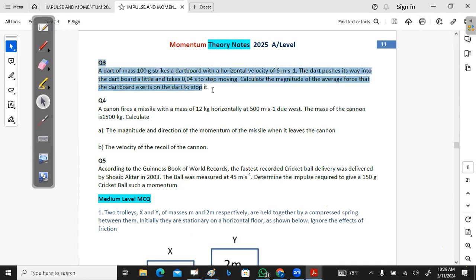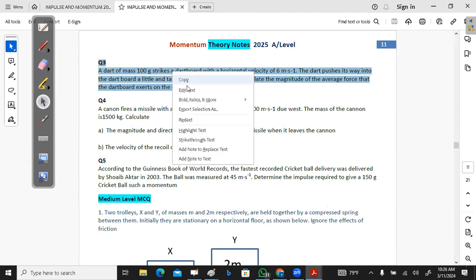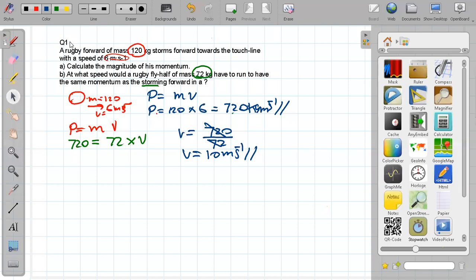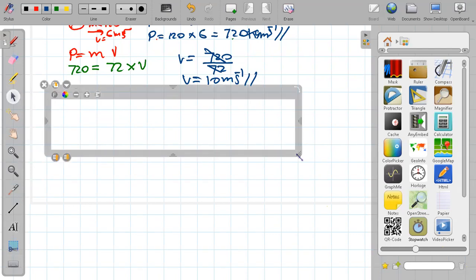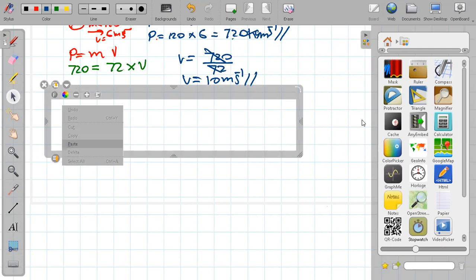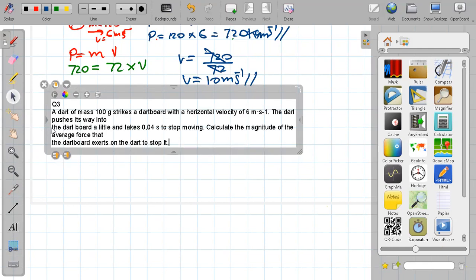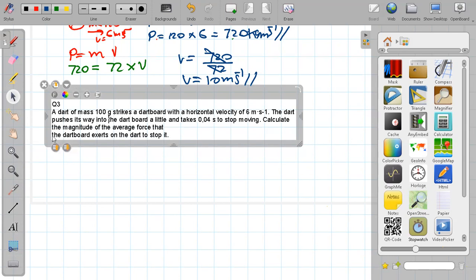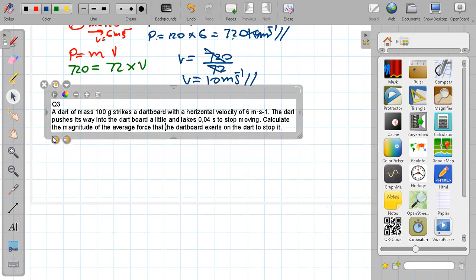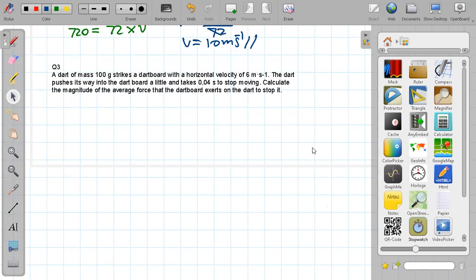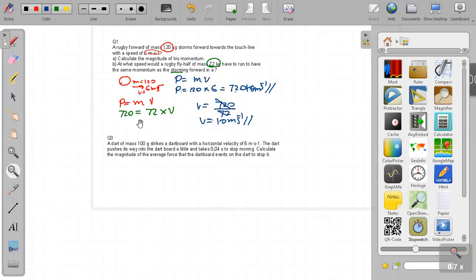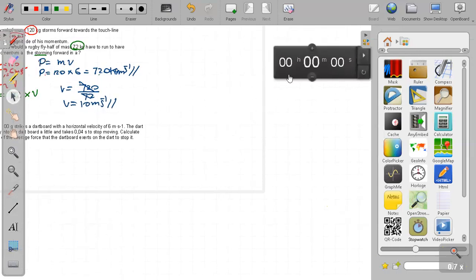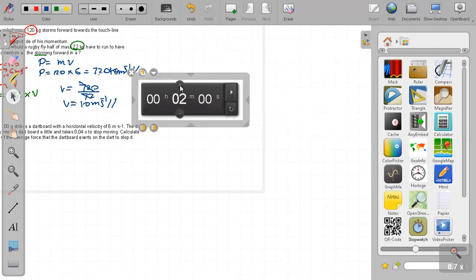The third one we can try, question number 3, at the top of page number 11. Try this. Four minutes again.